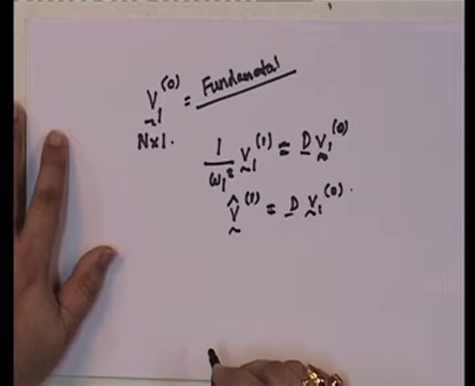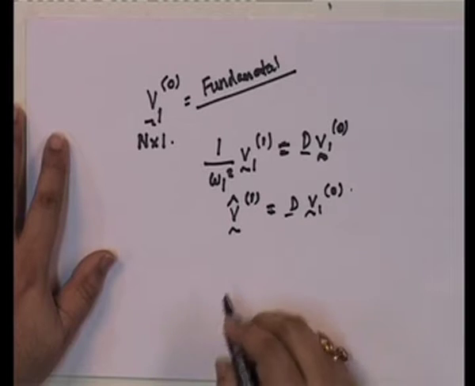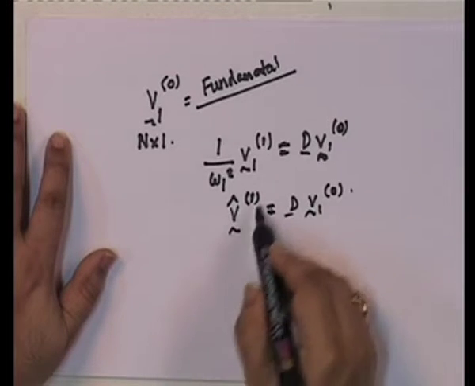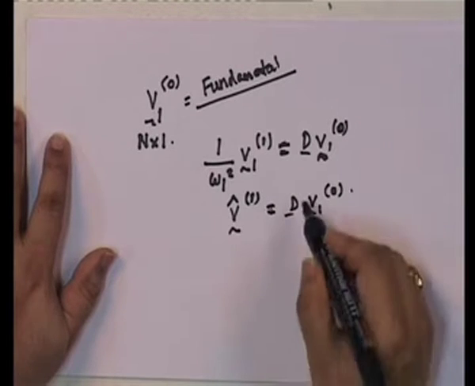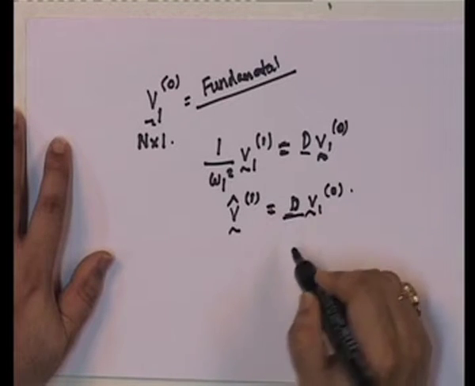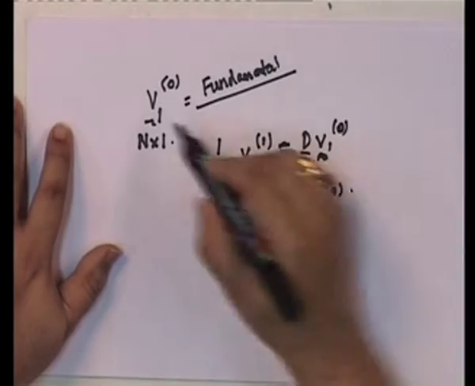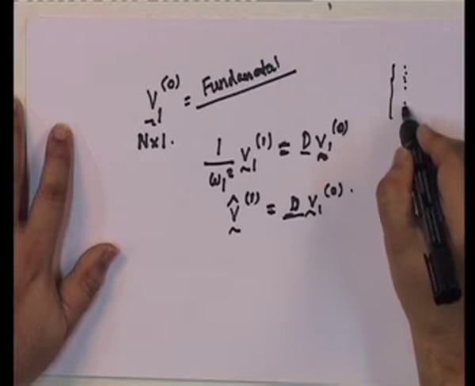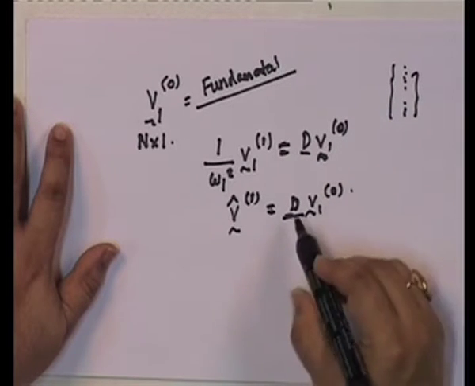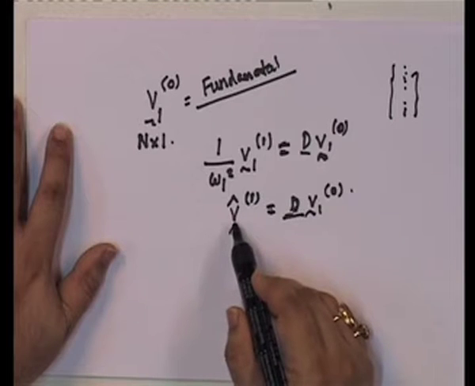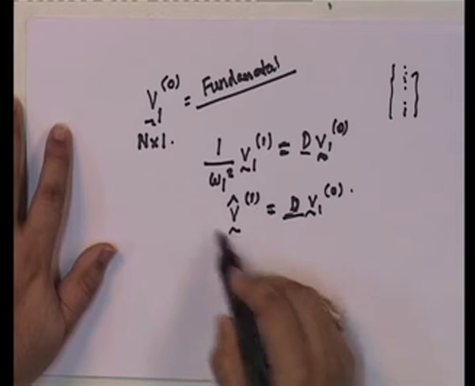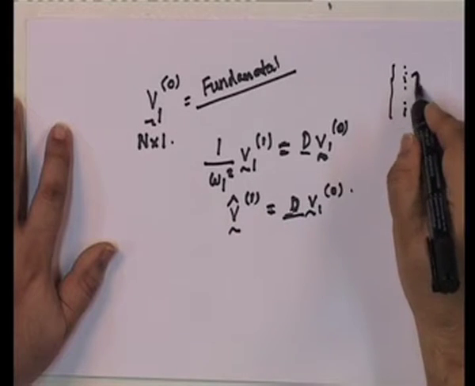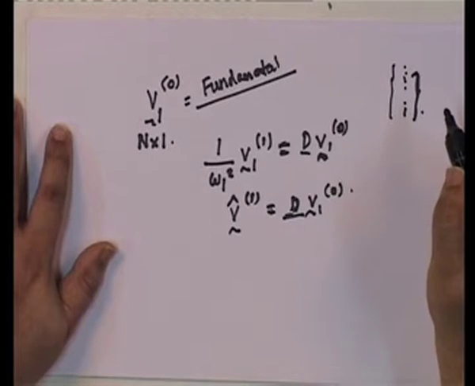So what you do is you normalize this V1, because every time you multiply with D, you need to bring it back. So let us say you start with something like this. After multiplying by D, you get some value. Now, this is a shape, this is not a displacement. So what you do is you normalize this and bring it back into this format.